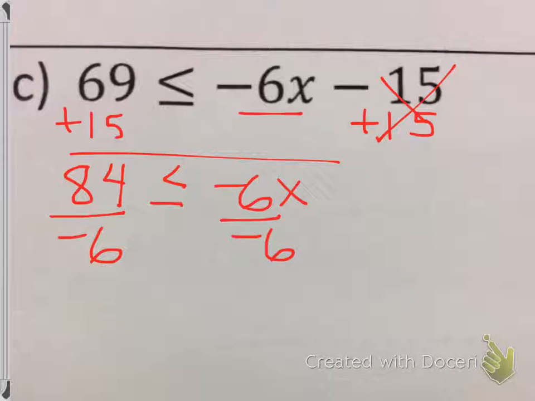Now right here, when I divide by a negative 6, I have to remember that anytime I divide by a negative, I have to flip my inequality sign. So my x is going to be here, from the 6 divided by 6 being just 1. I have to flip this inequality sign the other direction, and then I'm going to do 84 divided by negative 6, and I'm going to get negative 14 for my solution. So again, anytime we multiply or divide by a negative when we're using inequalities, we're going to flip that sign around.